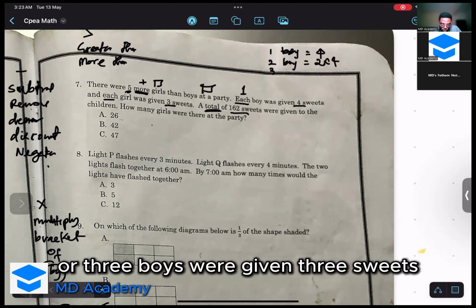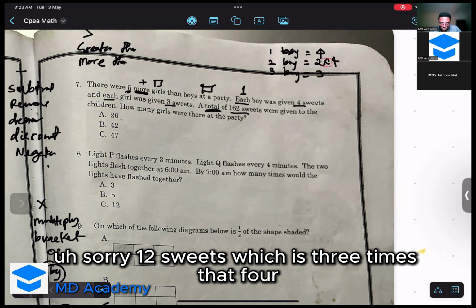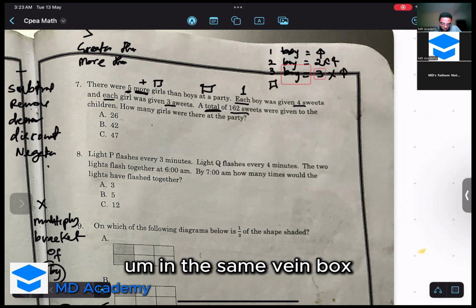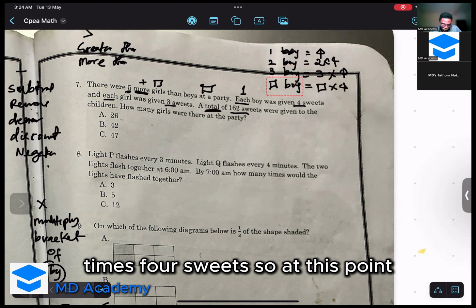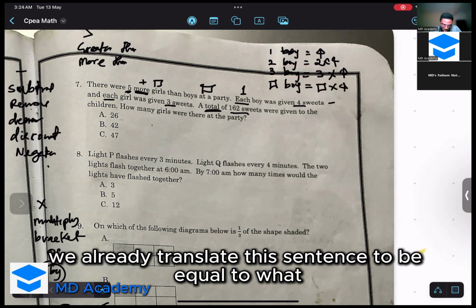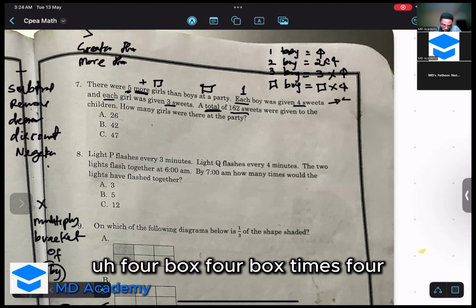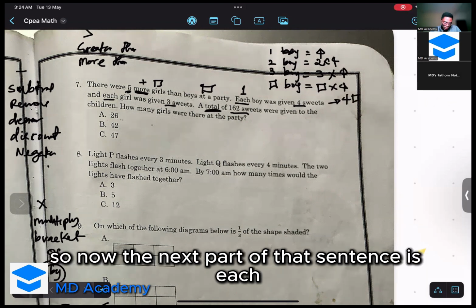Or 3 boys were given 12 sweets, which is 3 times that 4. In the same vein, box number of boys would be given box times 4 sweets. So at this point, we have translated this sentence to be equal to 4 times box.